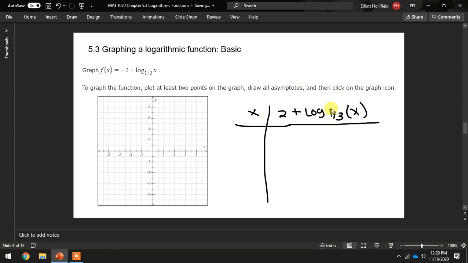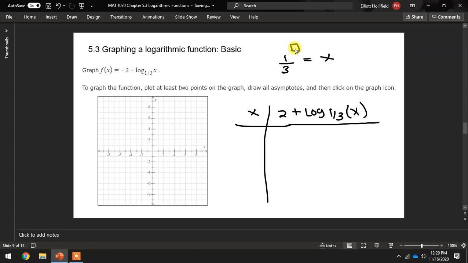Here we have the base 1/3. So let's think of our equivalence. 1/3 raised to what power will be equal to x? Just thinking of this piece here, because we have the base 1/3, an equivalent expression will be 1/3 raised to something is equal to x.